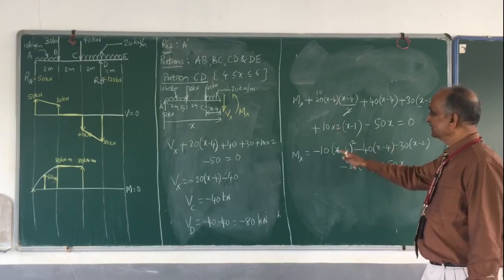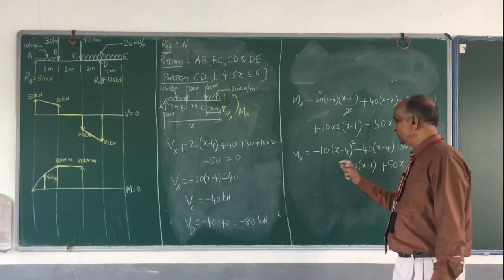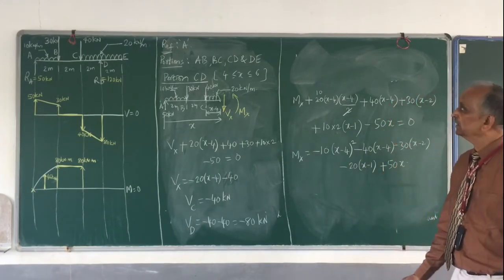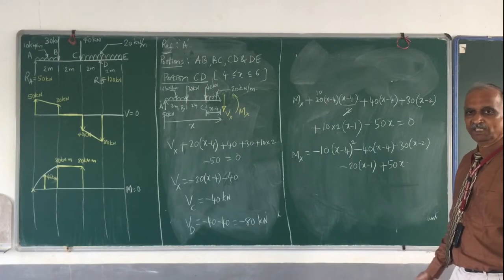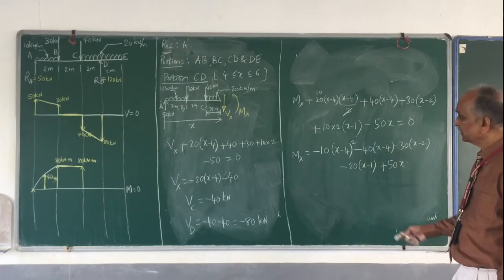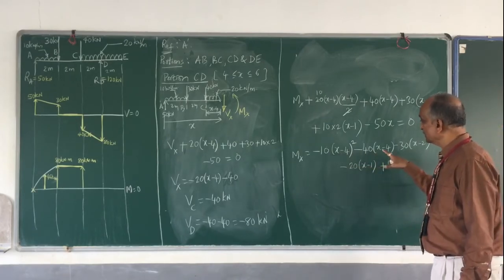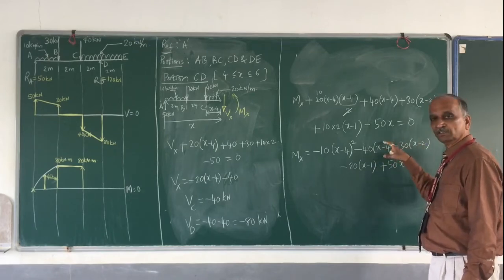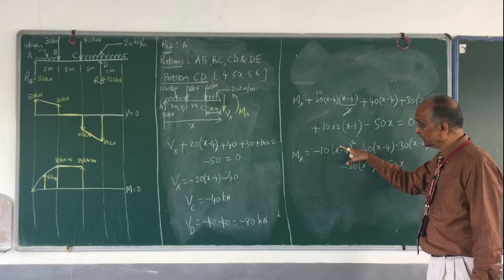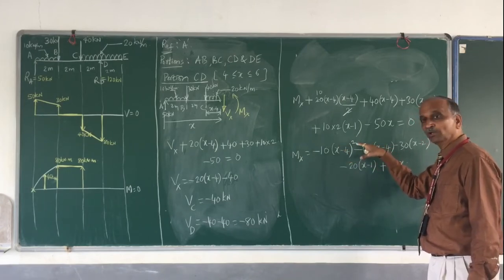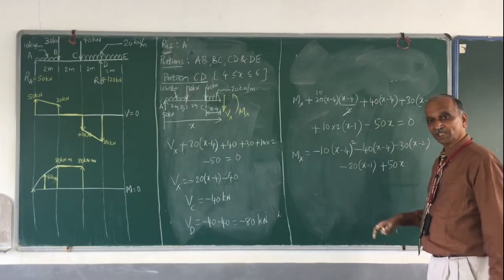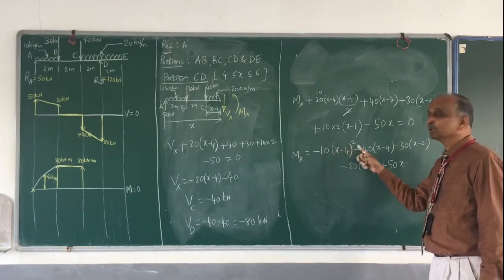Here, because of the presence of x, the first observation: bending moment is not constant between C and D. Bending moment varies. What is the variation? Don't jump to the conclusion that it is x raised to 1. Here x raised to 1, fine, but you have one more term, raised to 2. That means you will have an x square term.